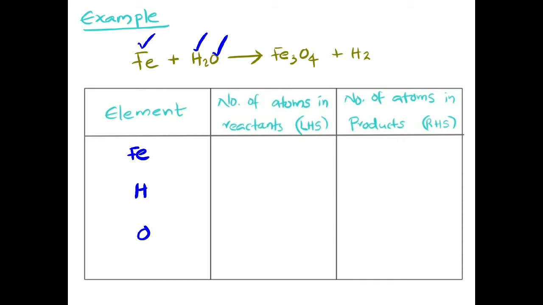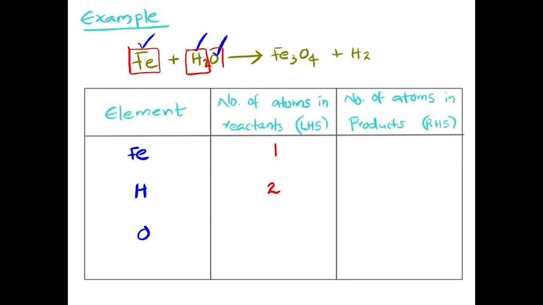The next step is you have to write down the number of atoms in the reactant side and the number of atoms in the product side. So first of all, let's write down the number of atoms in the reactant side. In Fe, there is only one atom, so we will be writing 1. And in hydrogen, that is H2, you can see there are 2 atoms, so we will be writing 2.